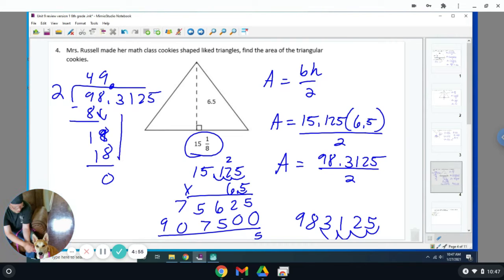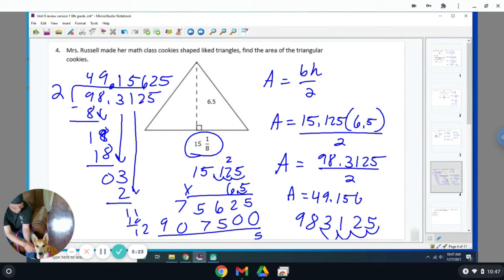Decimal comes up. 3 comes down. 5, 10. That'd be 6, because that'd be a 12. And then that'd be 2, 5. So you get 49.15625. And tomorrow on the test, it would be much nicer numbers.